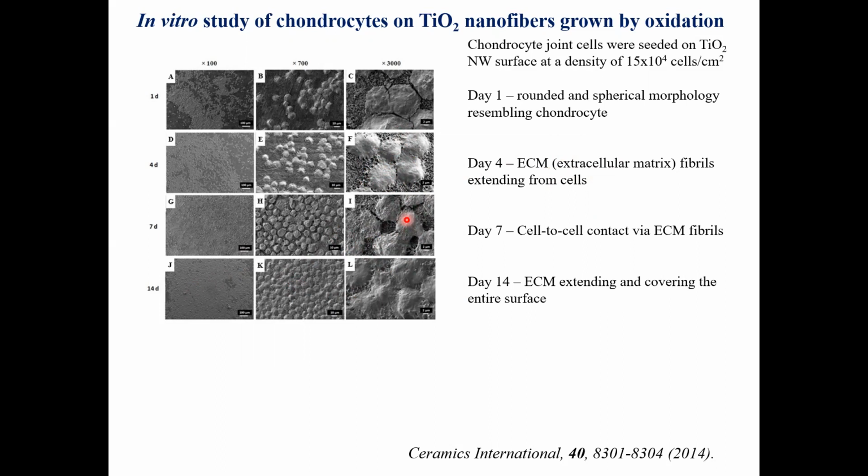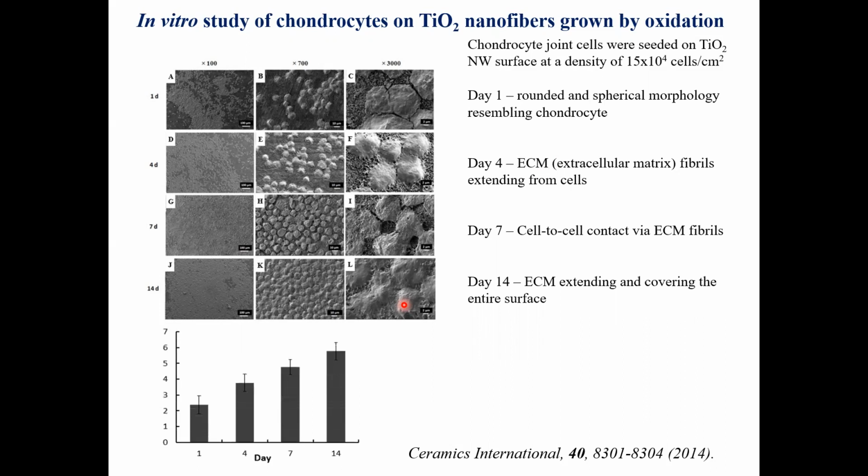And then at 14 days, we see ECM extending and covering the entire surface. So the degree of this extracellular matrix interaction on the surface is gradually increasing. And again, with time, if you look at the adhesion and proliferation type measurements, you can see that it's gradually increasing with time.